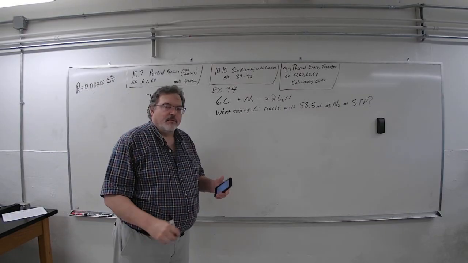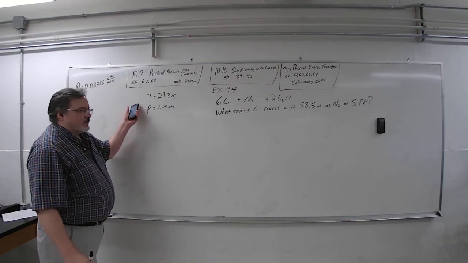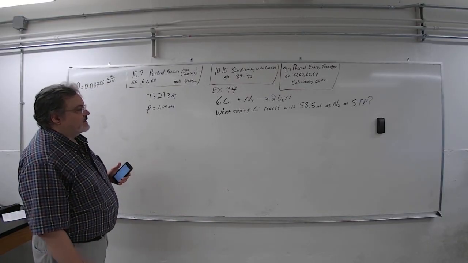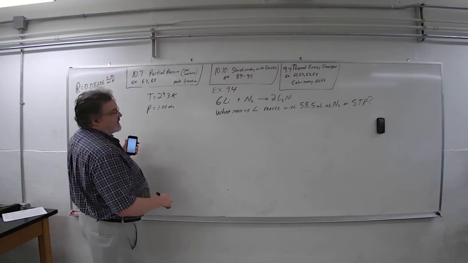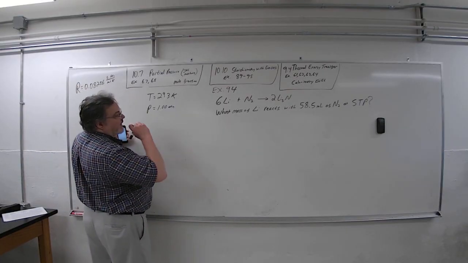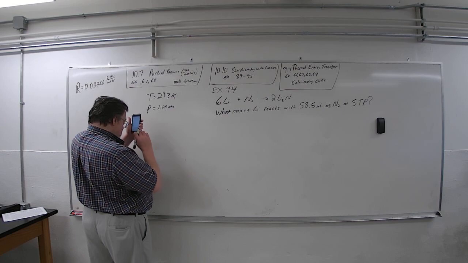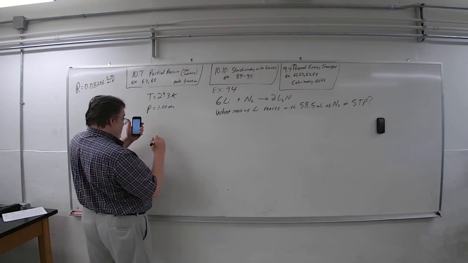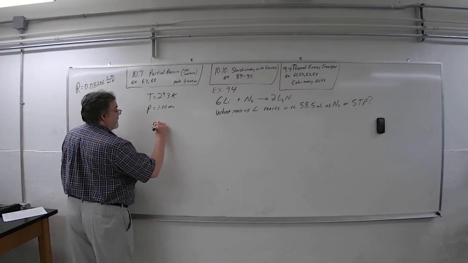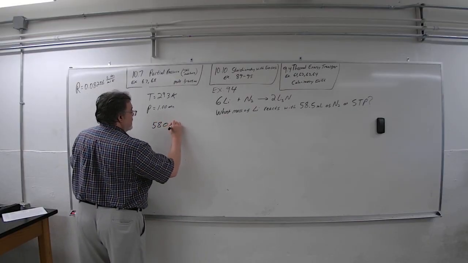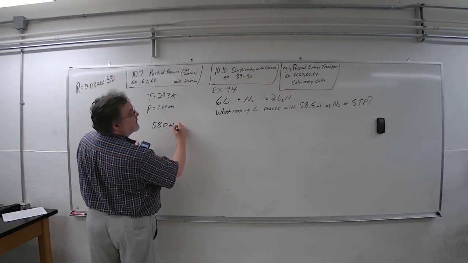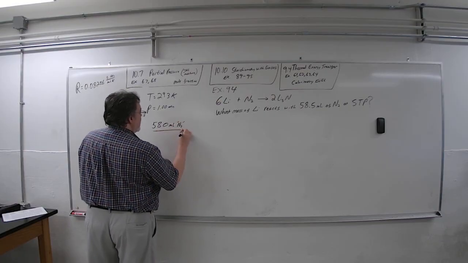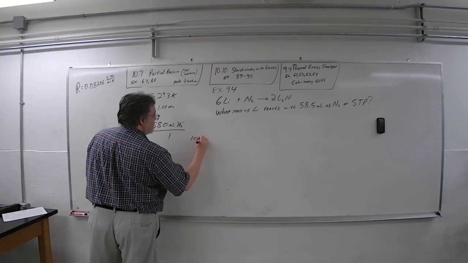STP means standard temperature and pressure. But I'll just give you a pressure and a temperature on the test. But just for an extra example here, we've got that. Okay. I do have to turn this into liters.